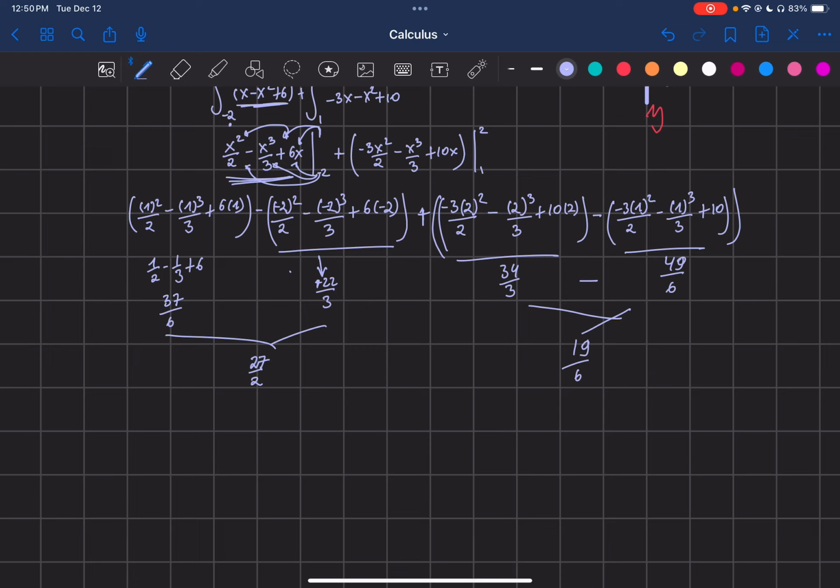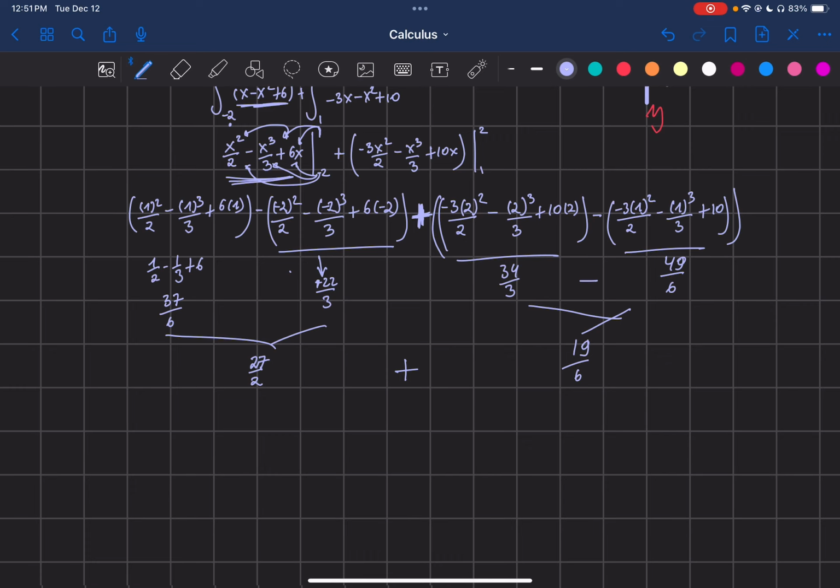And then I'm adding those two sides of the equation. So I'm adding 27 over 2 plus 19 over 6. So the answer that I just found plus that. Sorry. So I'm going to do 27 over 2 plus 19 over 6.